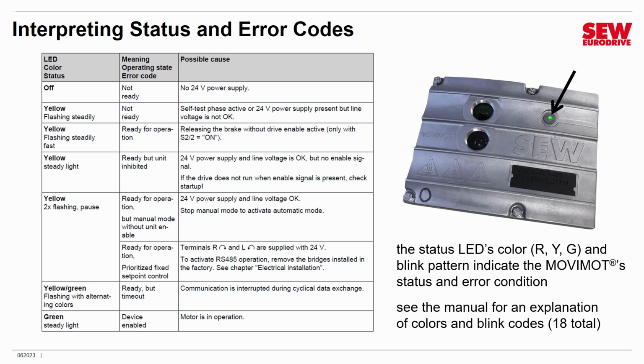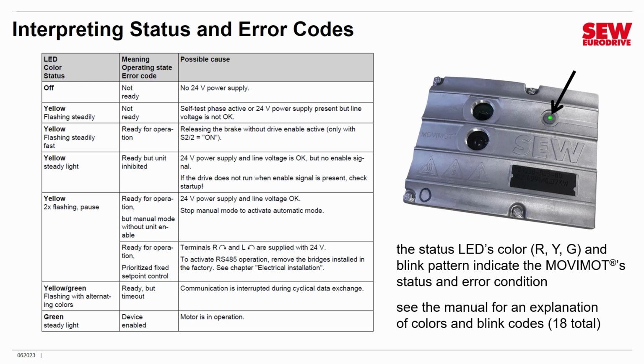This will also happen if you're in RS-485 mode and you send an enable signal over the field bus or RS-485 network. So red, yellow, and green solid indicators can signify not ready, ready but not enabled, and enabled and operating. Those are the most common codes.